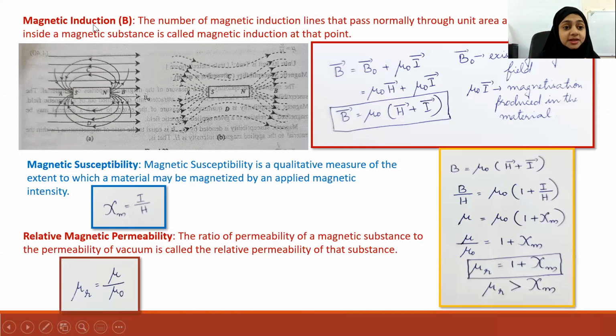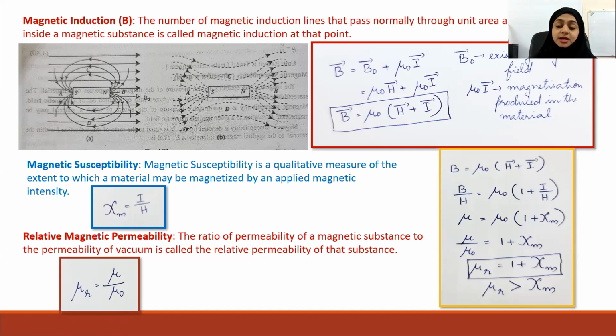Then we learned magnetic induction, the magnetic field inside a magnetized material, equal to mu naught into H plus I, where H is the applied intensity and I is the magnetization produced inside the material. Then we learned magnetic susceptibility, which is I by H, and the relative permeability mu by mu naught, and they are both connected by the equation mu r is equal to 1 plus chi m.